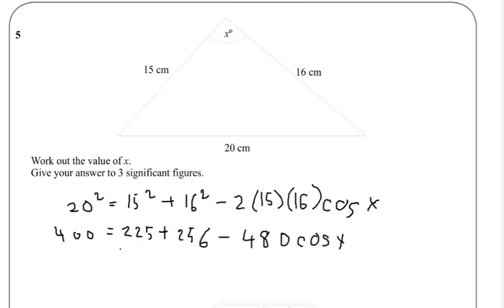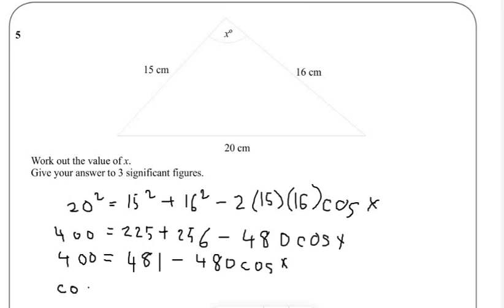Right, so now we need to add 225 plus 256, and that will give us 481. So we have 400 on this side, and we also have 480 cos x. So what we need to do is make cos x the subject of the formula.